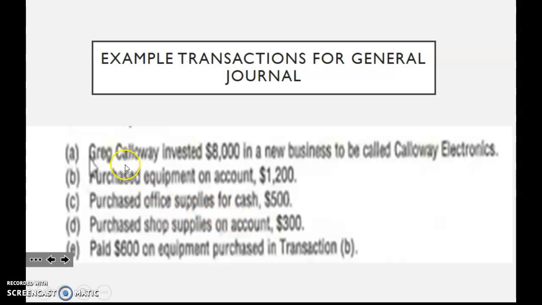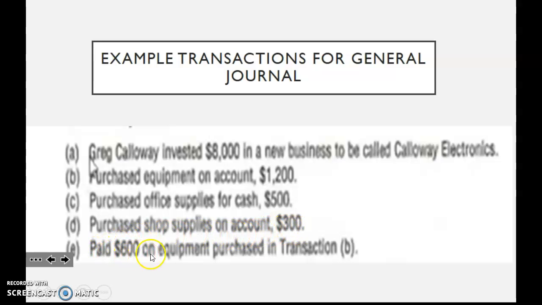And these are the transactions that we used. Greg Calloway invested $8,000 in a new business to be called Callaway Electronics. Purchased equipment on account, $1,200. Purchased office supplies for cash, $500. Purchased shop supplies on account, $300.